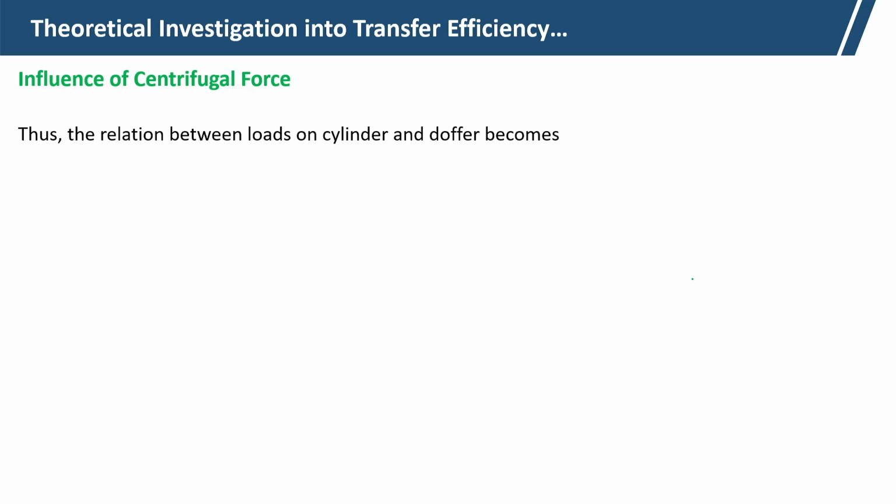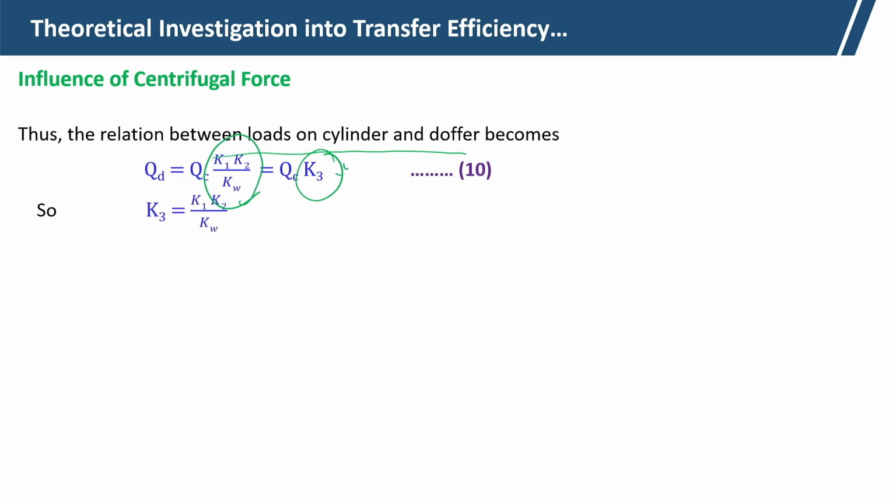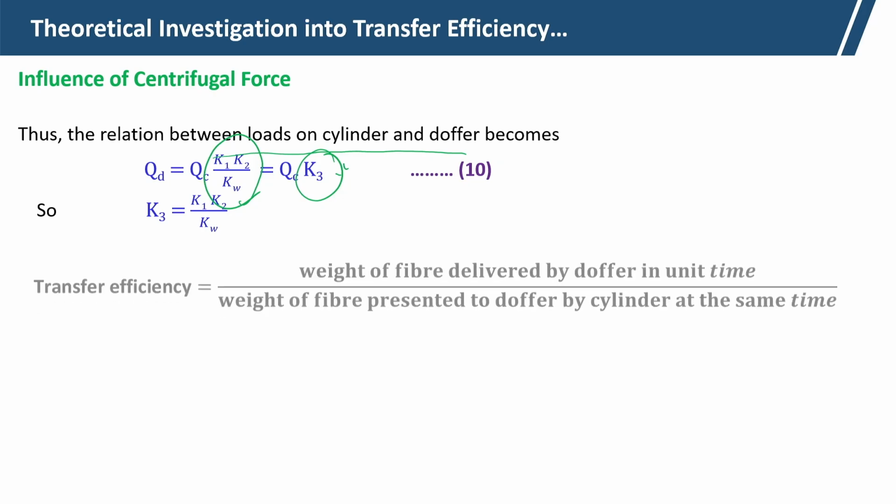So, the influence is that the relationship between the loads on cylinder and doffer becomes this, as we have discussed, the constant. If we consider the influence of the centrifugal force, another constant K3 comes, that is the transfer efficiency, where transfer efficiency K3 is equal to K1 K2 by Kw.